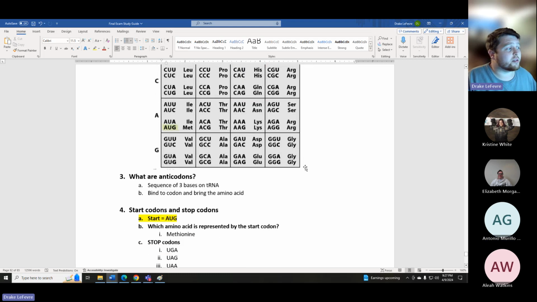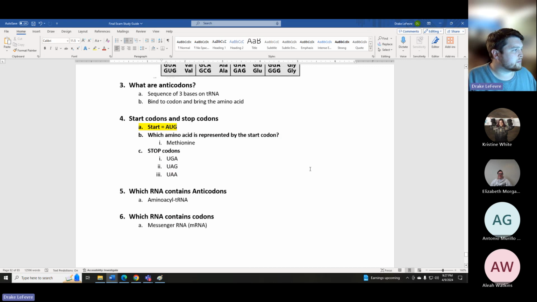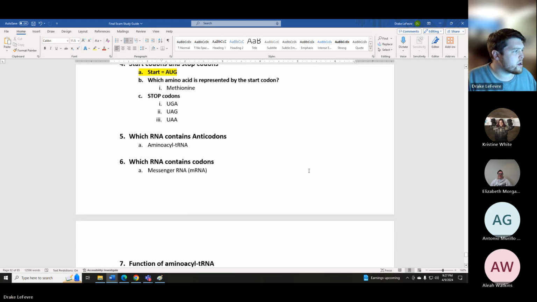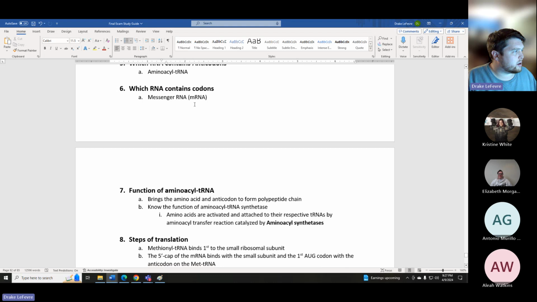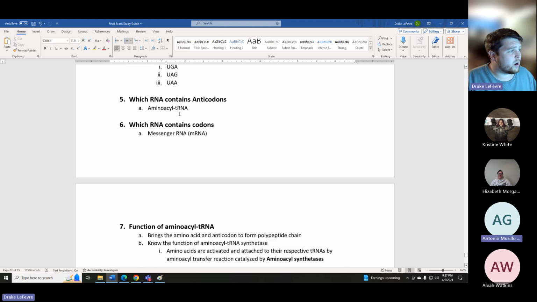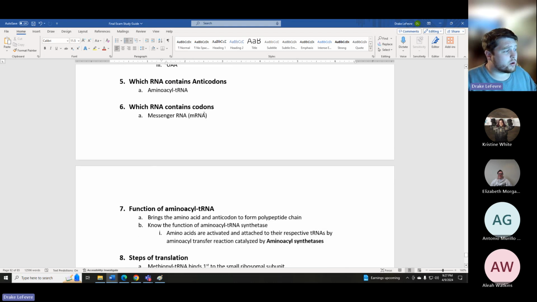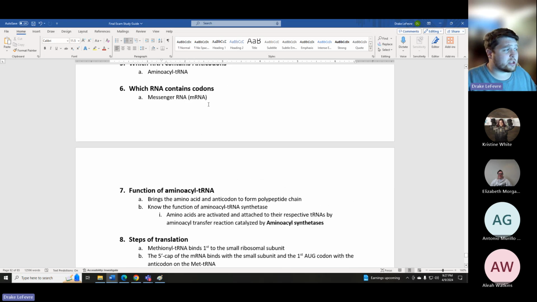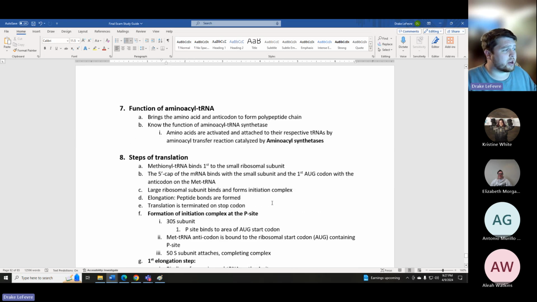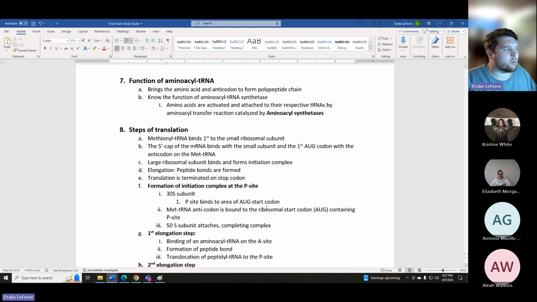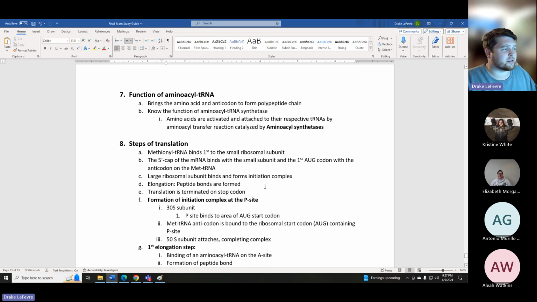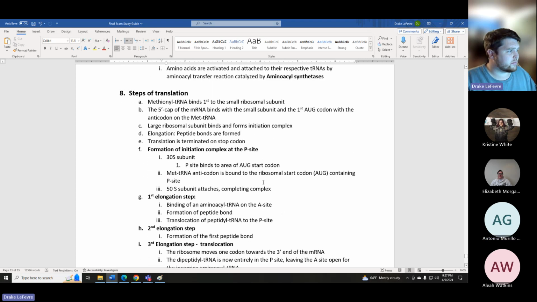If not, you're probably going to be fine. All of this, just know where stuff is, where the anticodons are, where the codons are, because those will be questions. Pretty straightforward. He'll probably put them in more words, but those are going to be the questions.